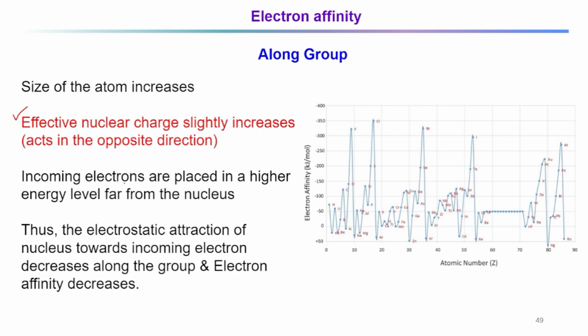Now, incoming electrons are placed in a higher energy level far from the nucleus. Let's try to understand what is written here. Let's suppose we have an element which has only two shells, and when we go from top to bottom, we have another atom which has, I am drawing it as a half circle.